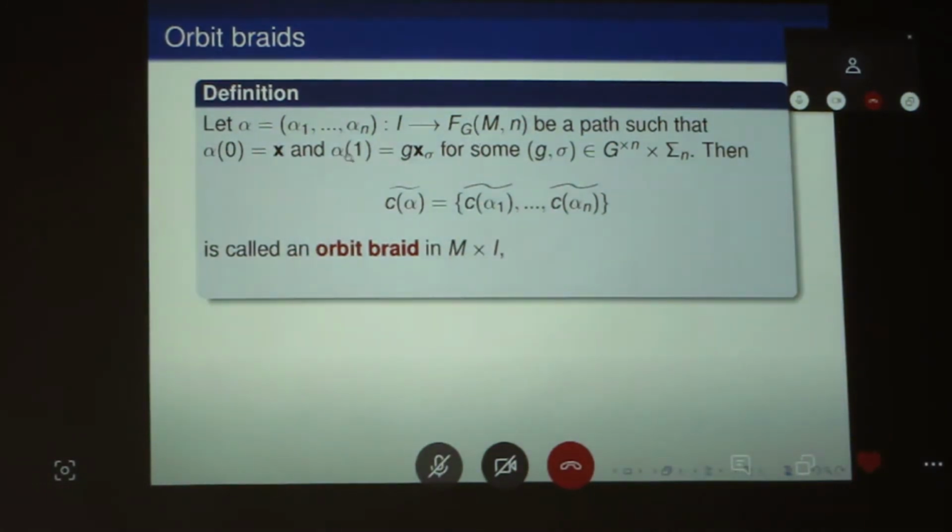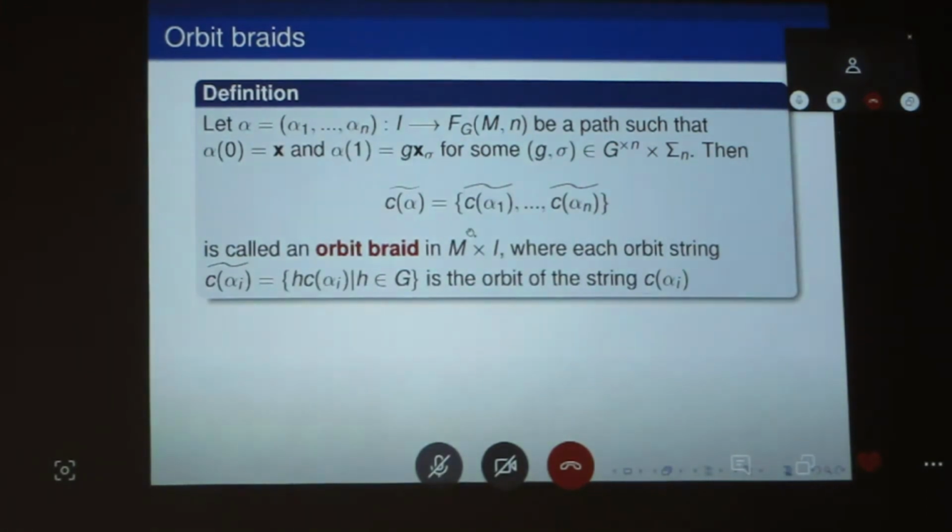We need to consider the group action. From this path, we can get the braid, but now we need to consider the orbit braid. For each string, we can get the orbit of the string.